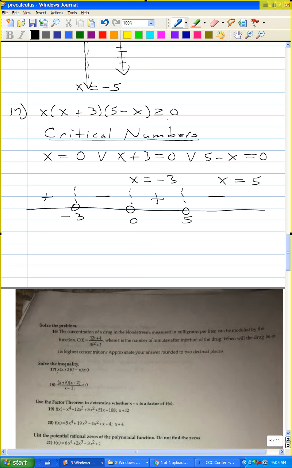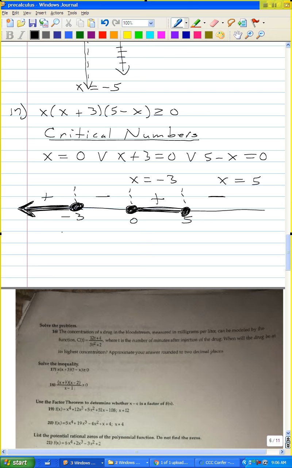And so we want this to be greater than 0. So I fill in the plus. We want this to be greater than or equal to 0. And so I fill in the critical numbers also. And I fill in every critical number because my expression is defined everywhere.